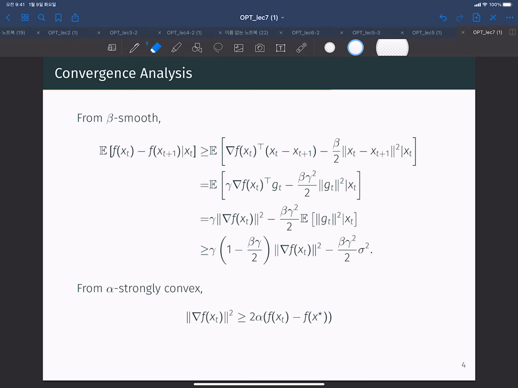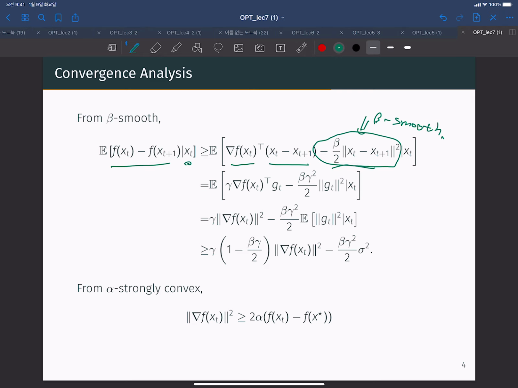From beta smoothness, we have this. f(x_t) minus f(x_{t+1}) for given x_t is greater than or equal to the expectation of gradient of f(x_t) transpose (x_t minus x_{t+1}) minus beta over 2 times x_t minus x_{t+1} normed square. This comes from the beta smoothness.